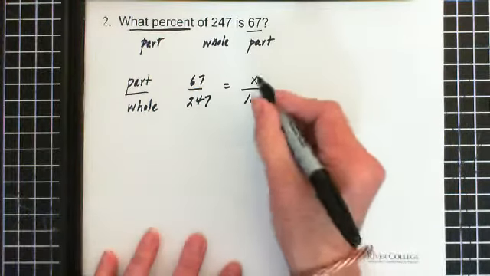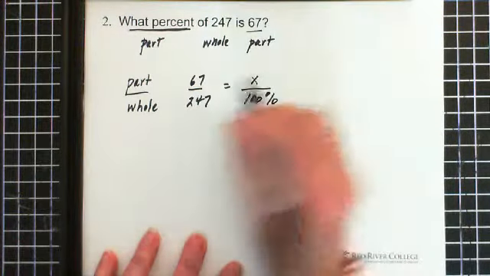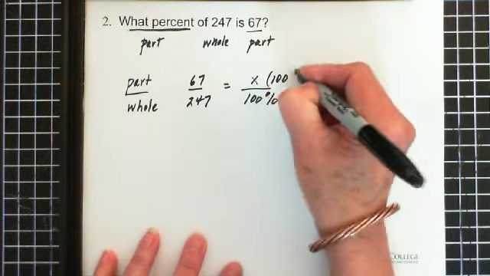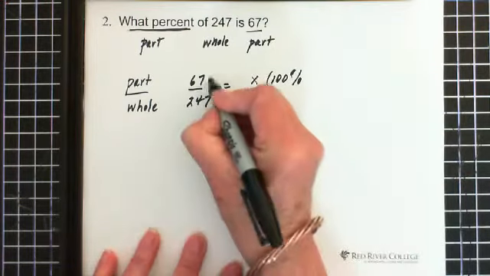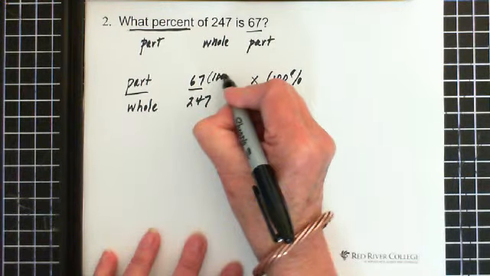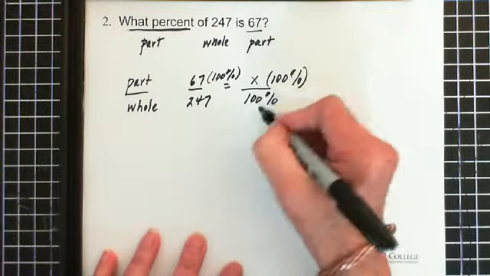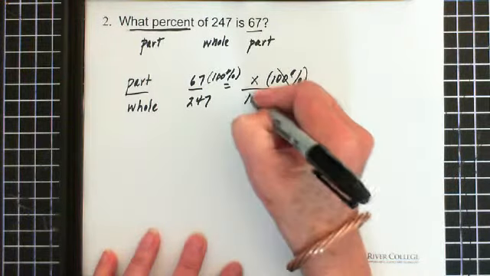All right, so now we're just solving for x, which is going to be our percent. So I'm going to multiply this side by 100%, and I'm going to multiply this side by 100%. These two 100% cancel, gone.